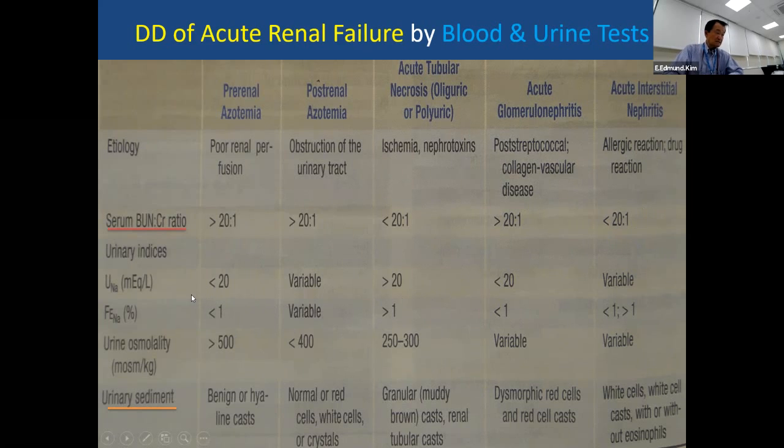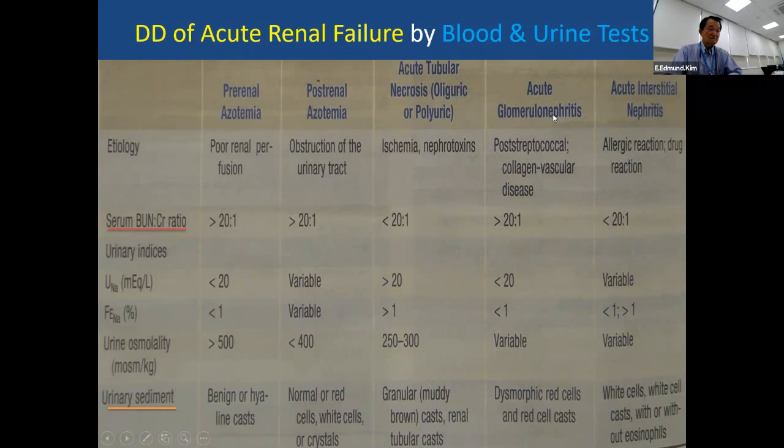And then certainly urinalysis, particularly sediment, urine sodium, fractional excretion of sodium, and urine osmolarity. These clinically help make a differential diagnosis of pre- and post-renal azotemia, ATN, acute glomerulonephritis, and interstitial nephritis.